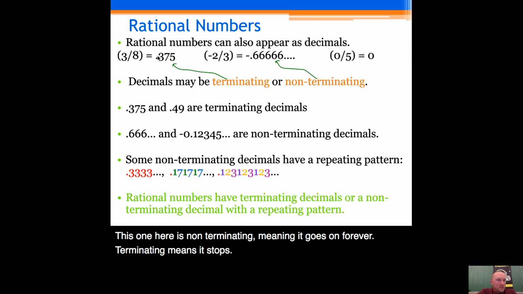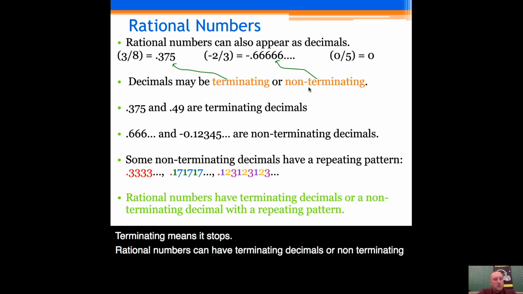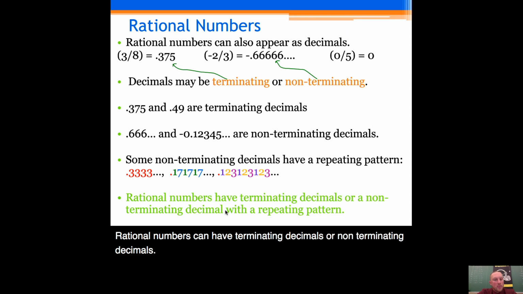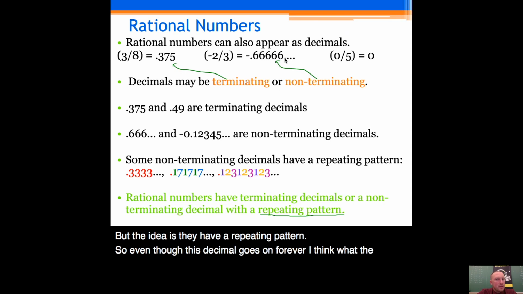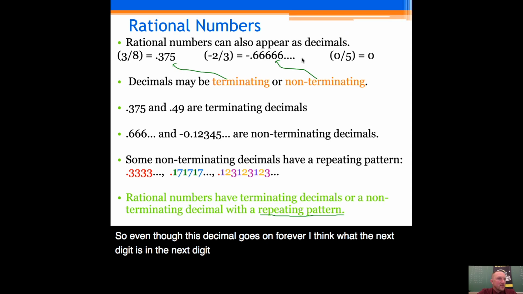Rational numbers can have terminating decimals or non-terminating decimals. But the idea is they have a repeating pattern. So even though this decimal goes on forever, I think you know what the next digit is, and the next digit after that, and the next digit after that.